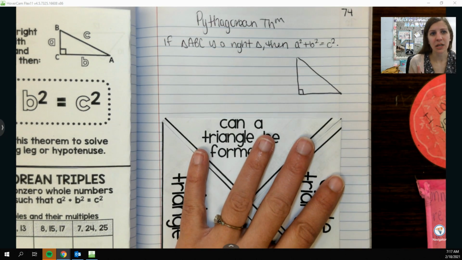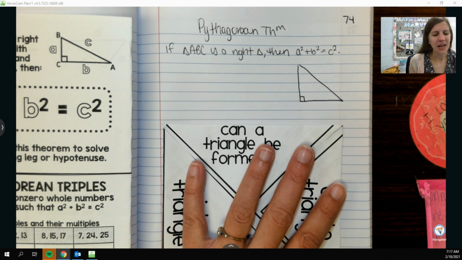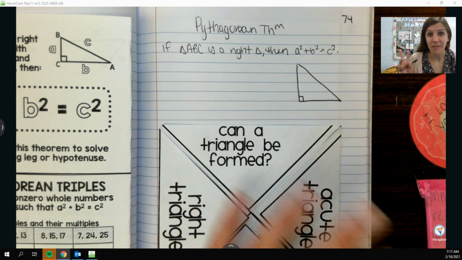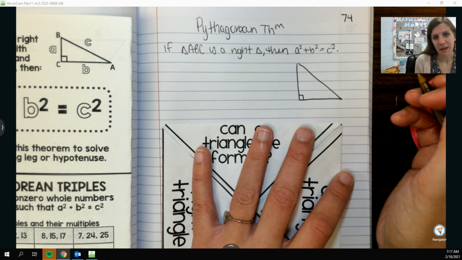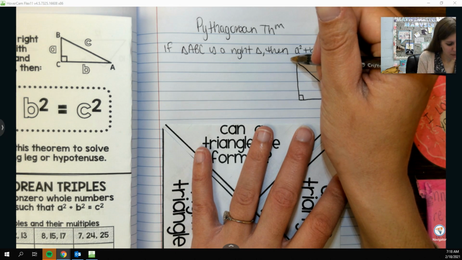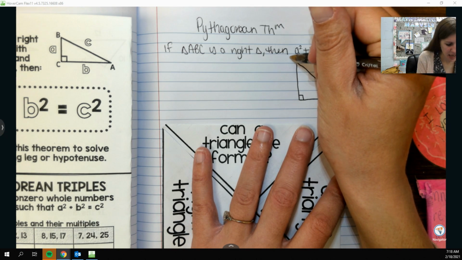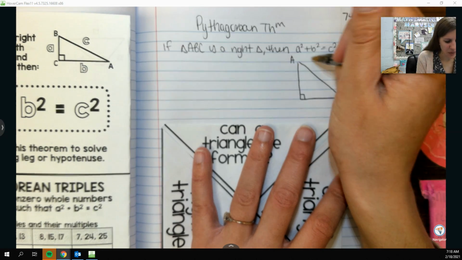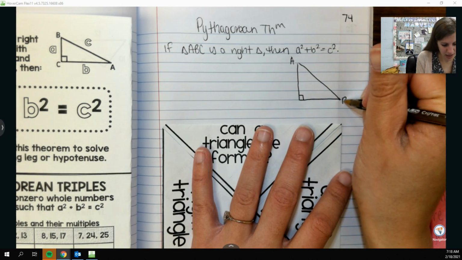Now the other thing that's a little bit weird, but mathy, I guess, is when we're naming any triangle or any shape really, you start at a vertex with a capital letter and then you work your way around clockwise.